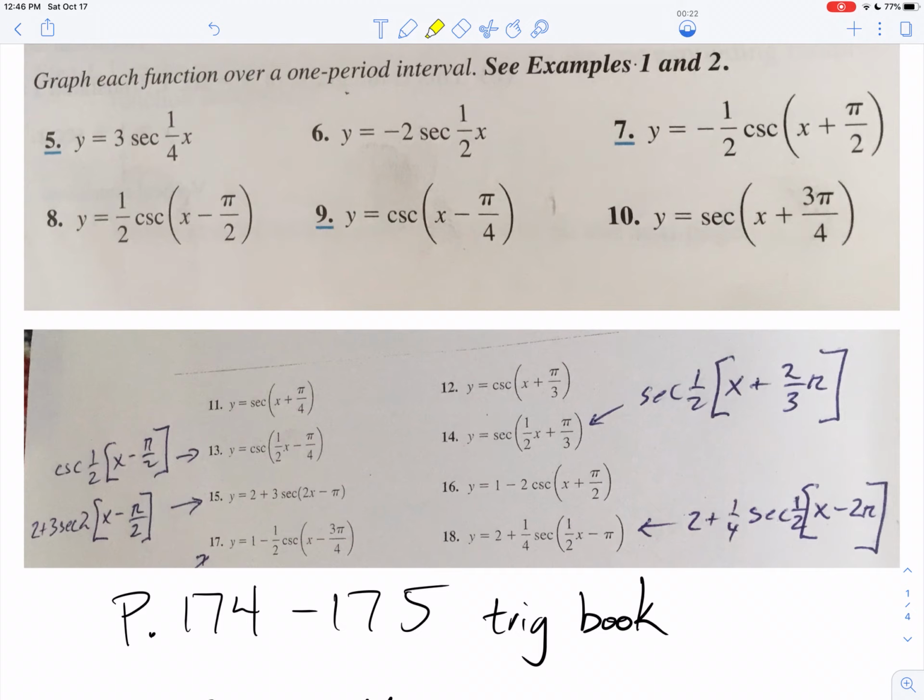But you'll notice I wrote in for problems 13, 14, 15, or sorry, just 15, 18, I sketched in this equation instead of what they had. Now, here's the thing.